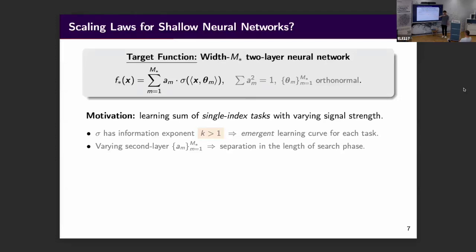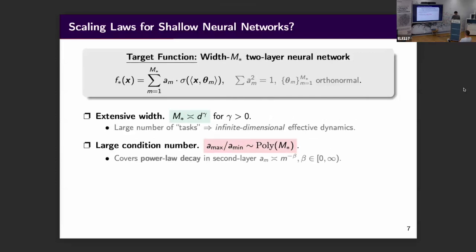This entails that there will be some extensive search phase before the loss drops for learning each of these tasks. So learning each of these single index tasks will give you a plateau. We can modulate the length of this plateau by changing the second layer coefficient of the target network, so that we can generate a bunch of different lengths of plateau. And if we sum them up, hopefully we get a power law.